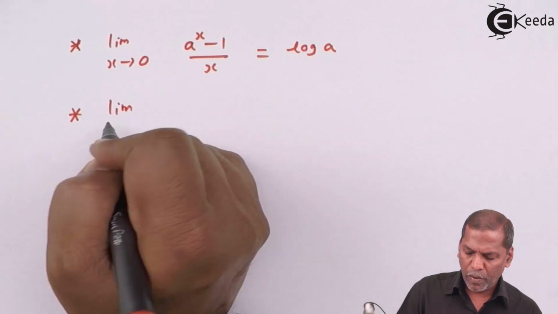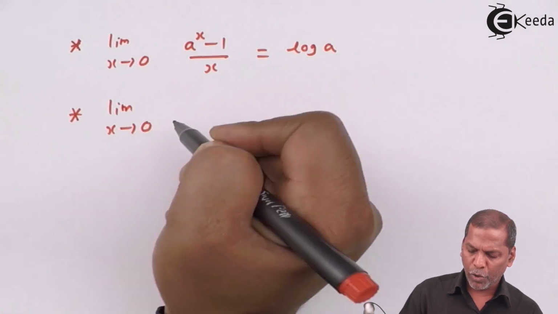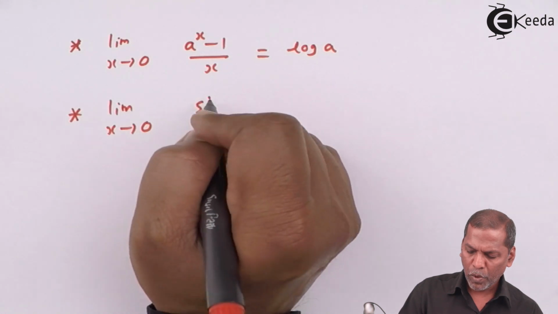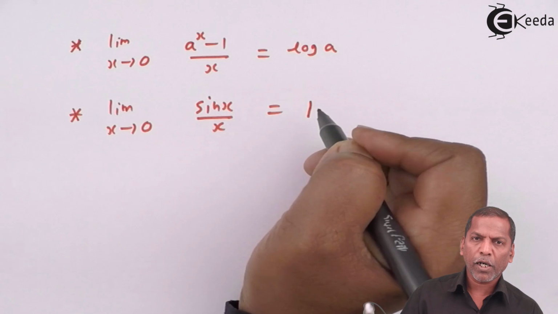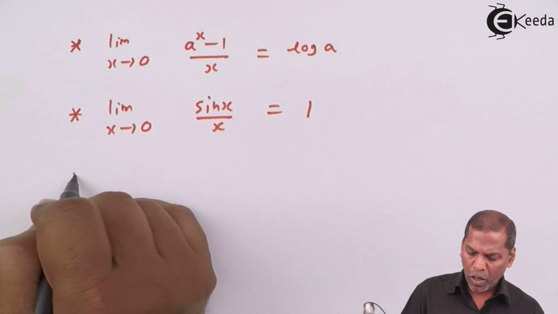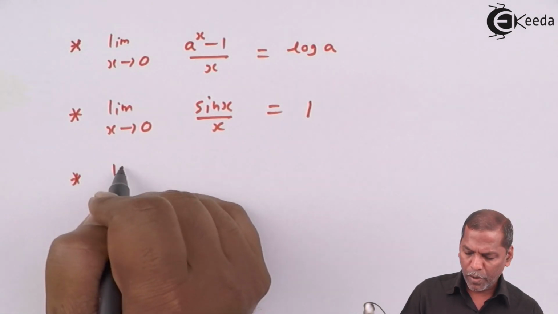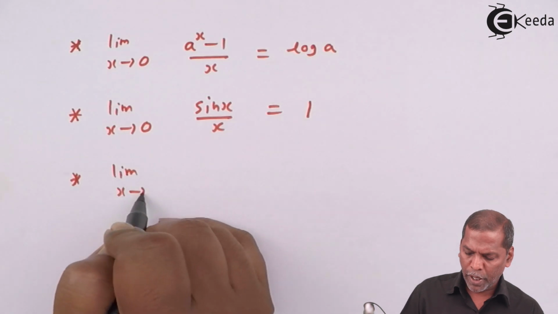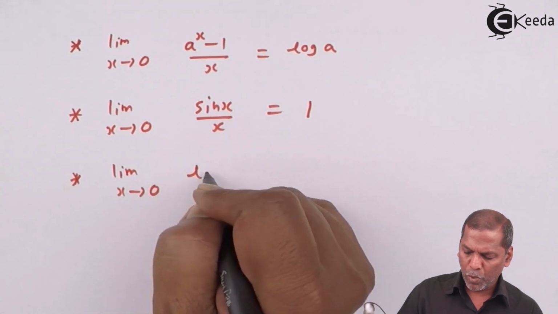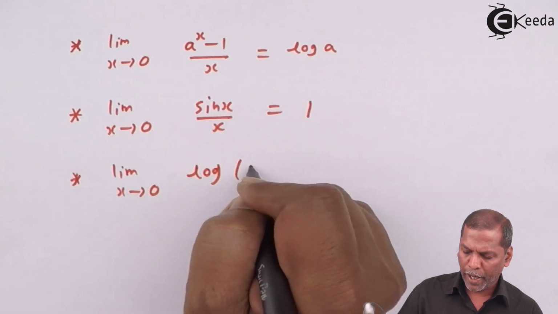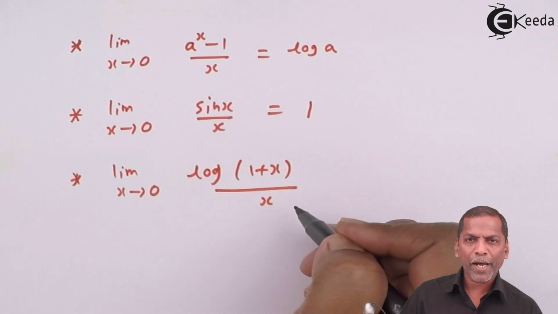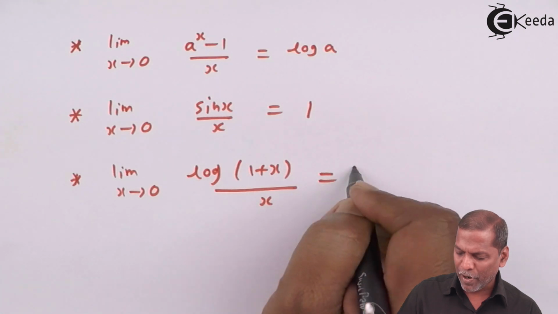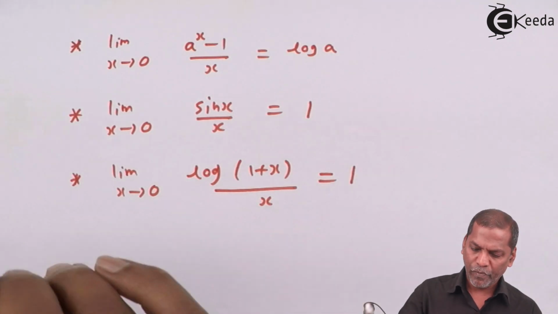Secondly, limit x tends to 0 of sine of x upon x, that equals 1. And third, limit x tends to 0 of log of 1 plus x upon x, and that equals 1.